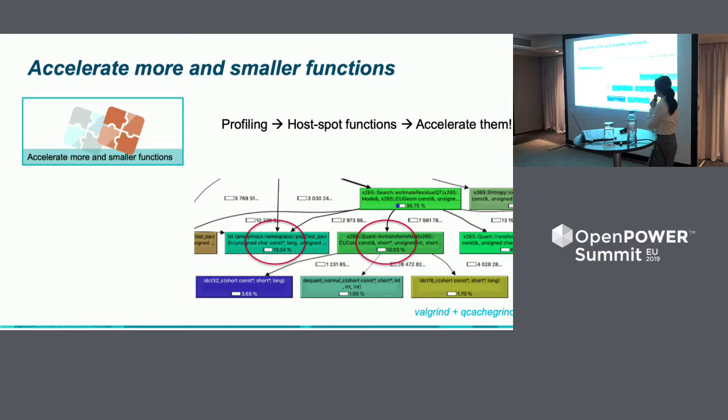This picture is a diagram from H.265, the video encoder, where we try to find some functions in the motion estimation module and accelerate those small functions.